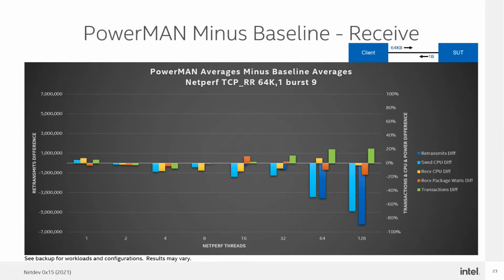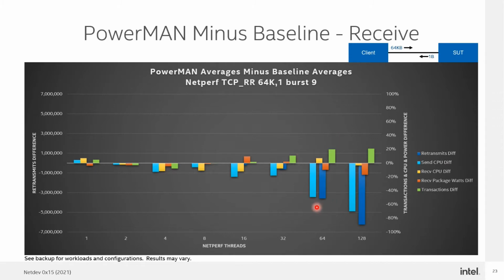For this one, we saw that the retransmits and the send CPU were much better with PowerMAN running. You can see in the 32 thread case a slight improvement for send CPU. And on the second one, we really saw much fewer retransmits, over 3 million fewer retransmits in just the 30-second test.